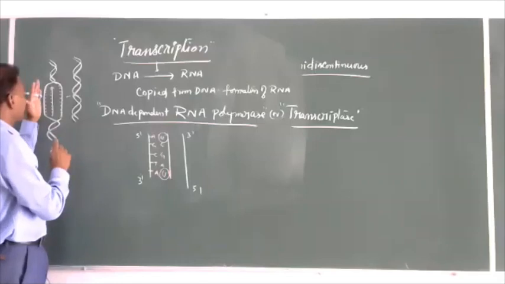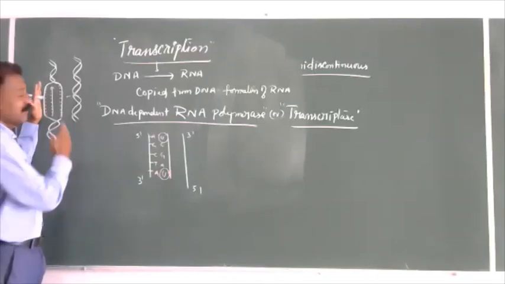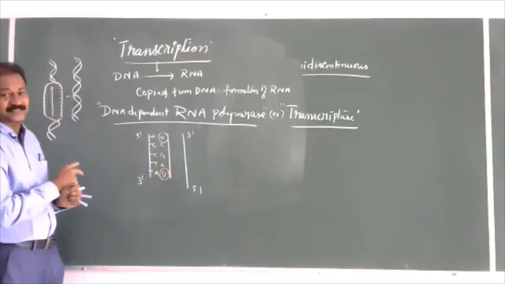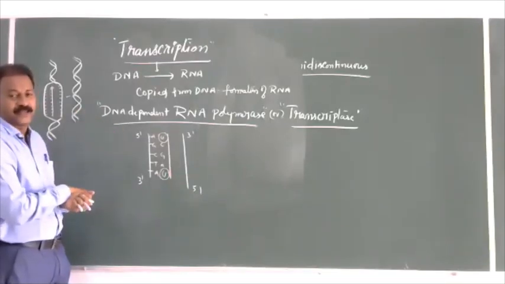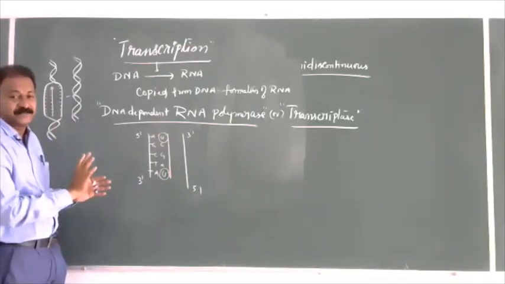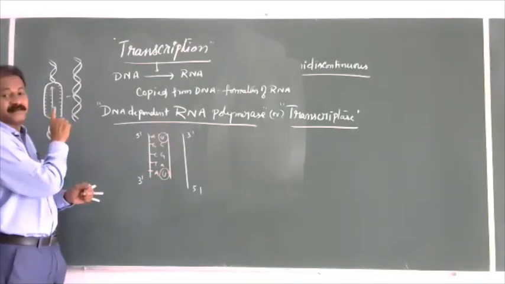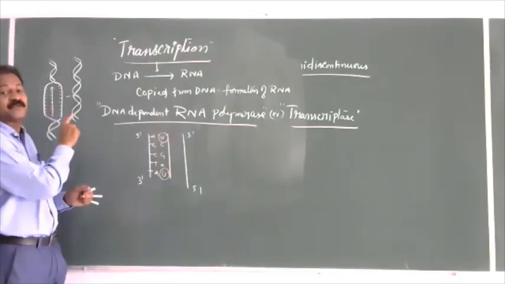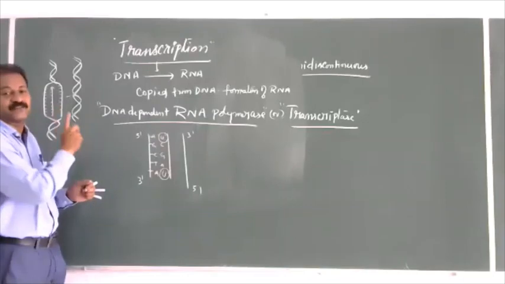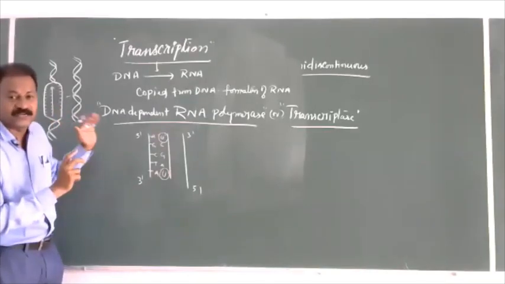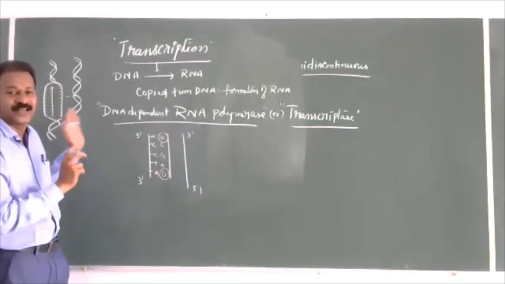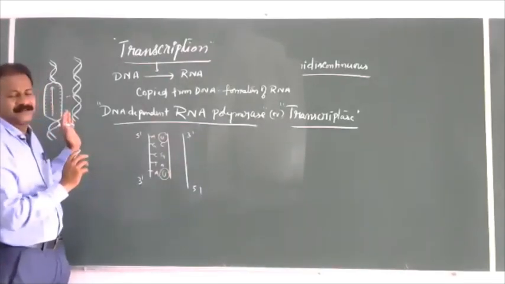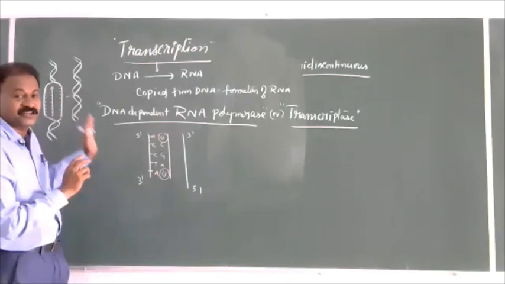So based upon the sequence of this strand, the RNA molecule is synthesized. The condition is base complementarity. And the third difference is that instead of thymine in the RNA, uracil bonds with adenine. Adenine generally bonds with thymine in DNA, but in RNA, adenine bonds with uracil. So these are the three differences between replication and transcription.